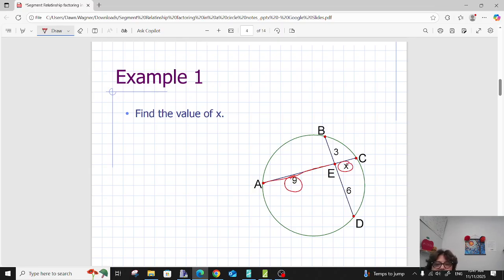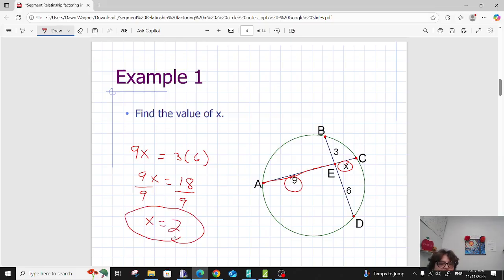EC is X. What do I do with those two? Multiply. So 9 times X is just 9X. Has to equal 3 times 6. So 9X has to equal 18. I divide by 9. X would equal 2. That's it.